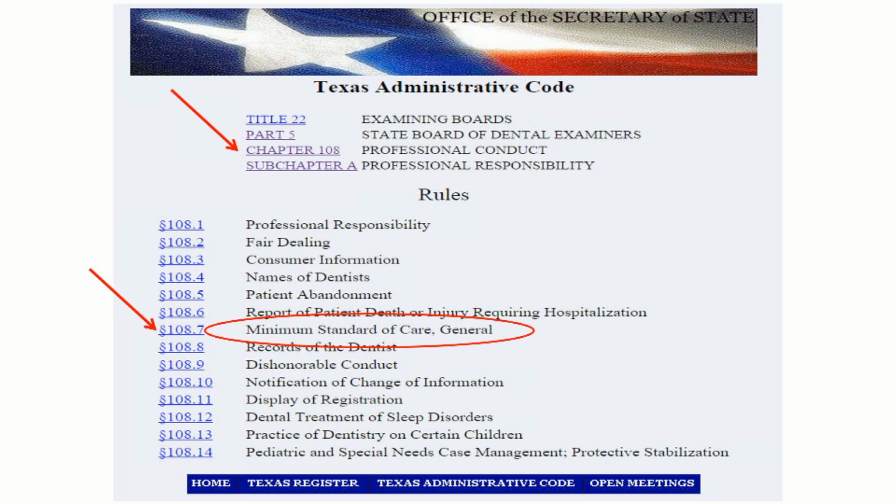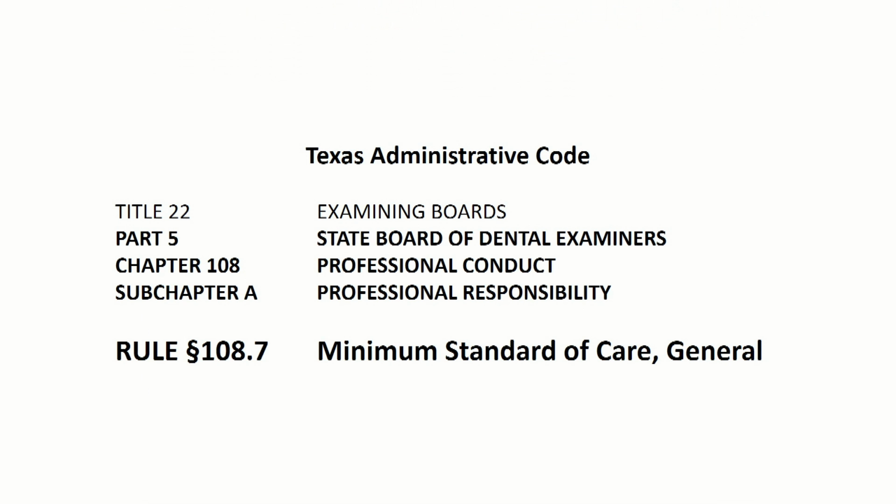You will see in 108.7 mention of the rule 108.8. When we get to 108.8, or in that video, you will see that 108.8 references 108.7. These two rules are very, very important to understand in context one with the other. So, getting into the rule.